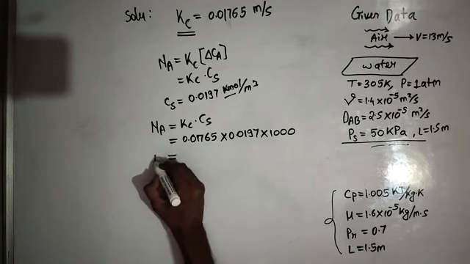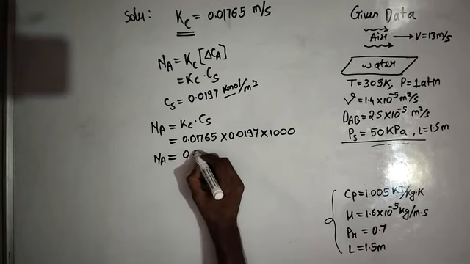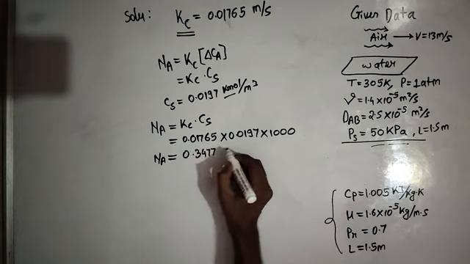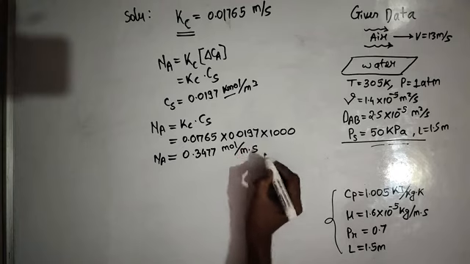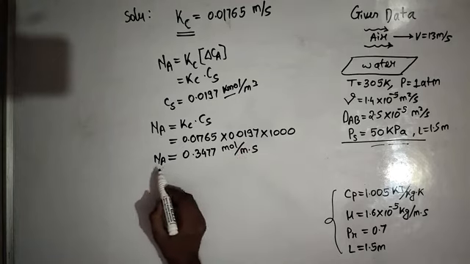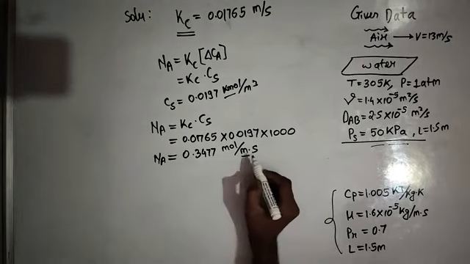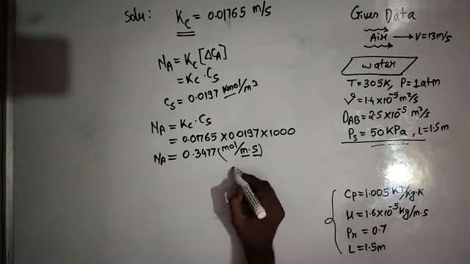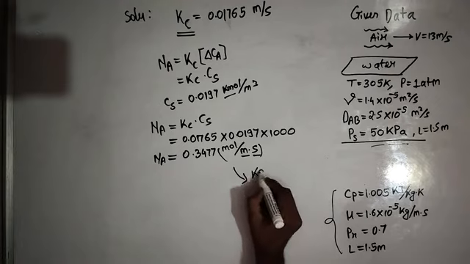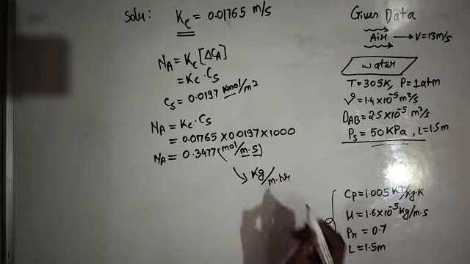After this, we get the value of NA as 0.3477 mole per meter second. So this is the total water loss per meter width per second. But we need to get the answer in kg per meter per hour.